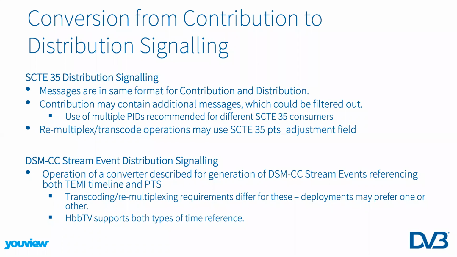I mentioned we have both TEMI timeline and PTS possibilities for the timing information, and the preference for one or the other really depends on the details of the deployment, with the different transcoding and remultiplexing functionality, and whether that equipment is tailored already to support SCTE-35 remultiplexing, or whether it would better handle TEMI timeline, which has its own requirements regarding how it should be handled in a remultiplex.